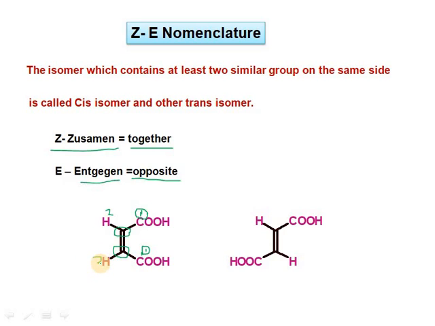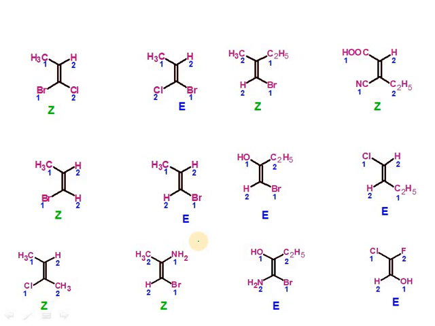Hence, when the highest priority groups are on the same side like this, the structure is designated as Z, and when the highest priority groups are on the opposite side, it is designated as capital E. So Z and E are designated on the basis of priority.